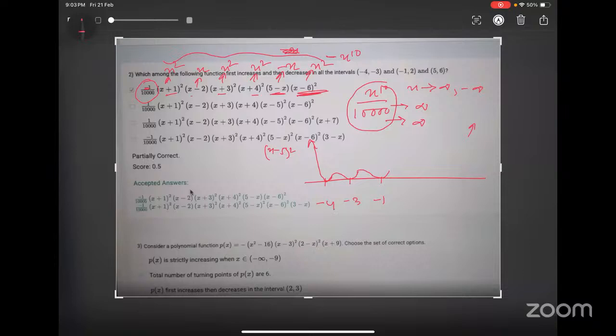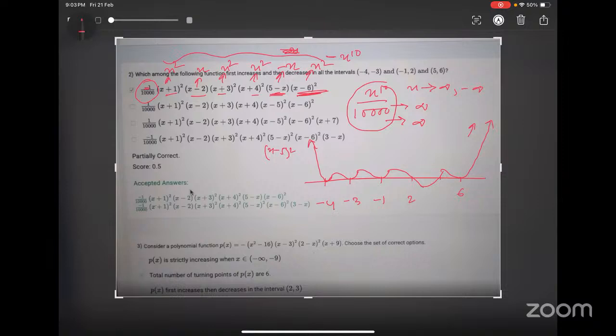Then we have 2, with multiplicity 1, so it will cut the x-axis. Then we have 5, again it will cut the x-axis. Then we have 6, which will bounce up, tangent.